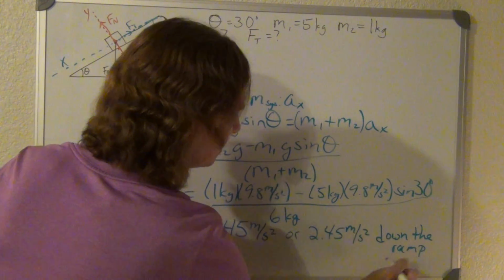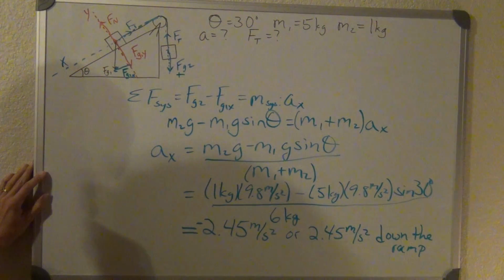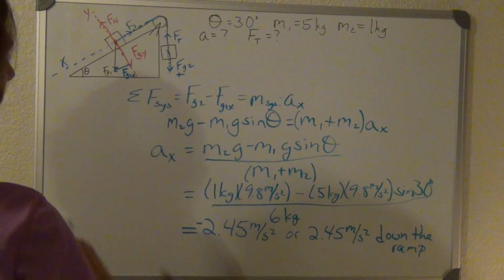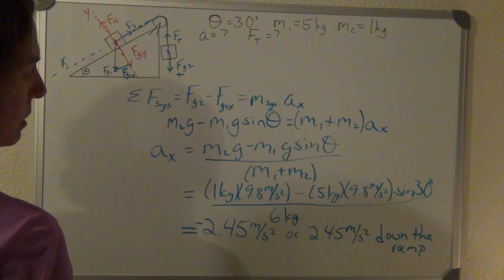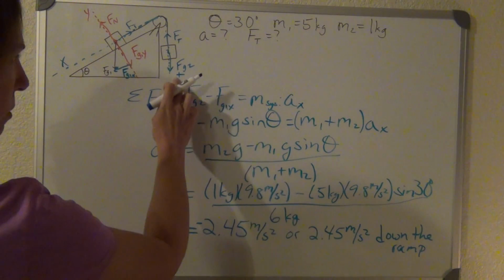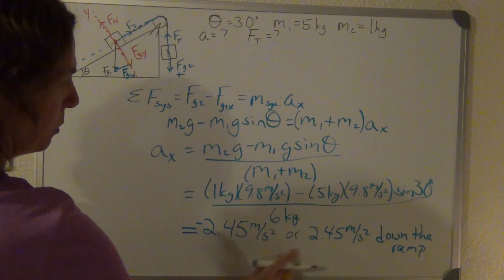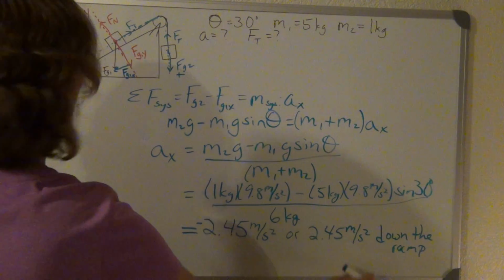Okay, if you add that notation on there, it keeps us from marking it off. You don't want to lose a point, or worse, for not specifying which direction. Because what if you didn't draw on here which direction is positive and which direction is negative? What if you just assume that they know that you're taking that to be positive? They won't necessarily give you the points. So you have to specify that it's going down the ramp.